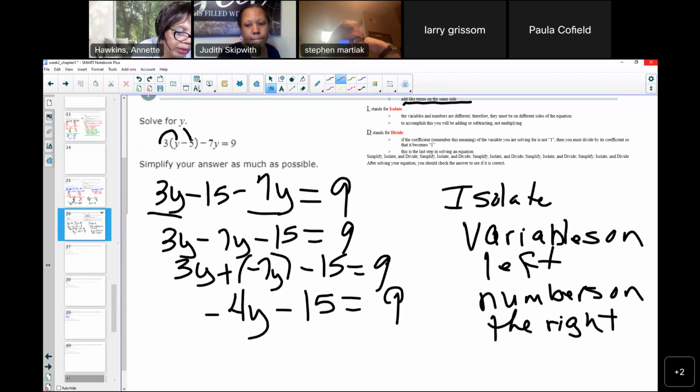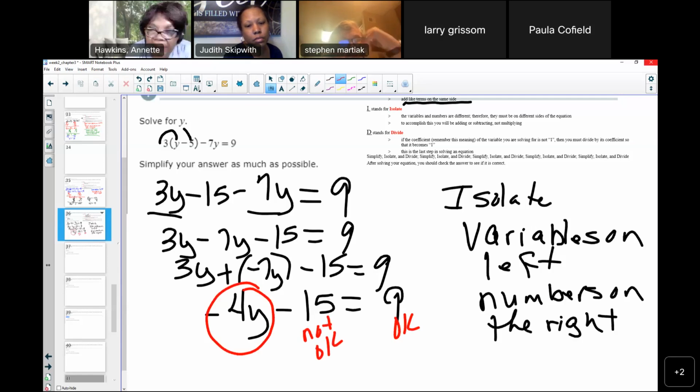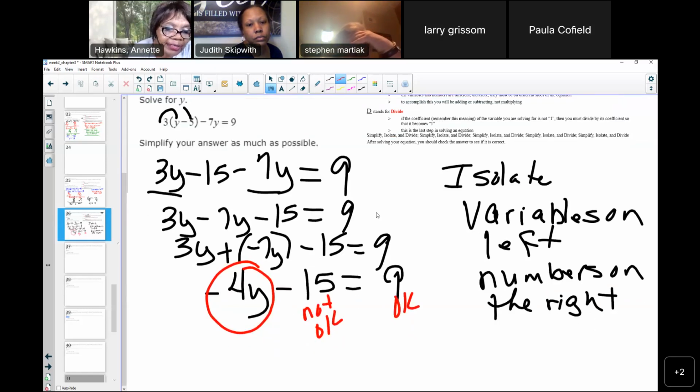So this is the left side. My number is okay. This is the right side. This is okay. That's not okay. So that minus 15 is not in the right place. I need to undo that. So to undo that, I add 15 to both sides.